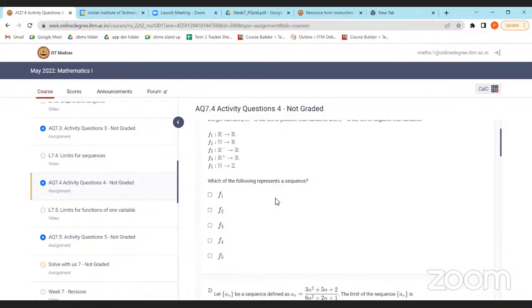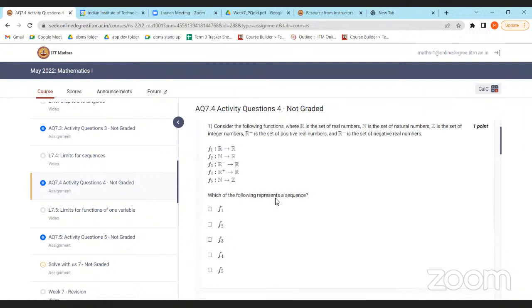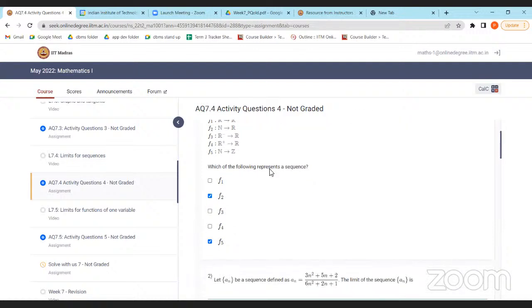The domain should be natural numbers. So is there any function whose domain is the natural numbers here? F2 and F5, right? So F2 and F5 will represent a sequence, because we're taking the domain of that function as natural numbers.